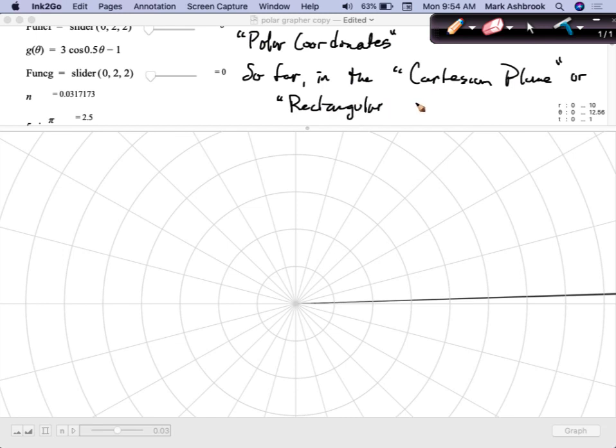And what are our rectangular coordinates? Someone said x and y. That's right, x and y, right? X represents what? When we graph, what does x represent?